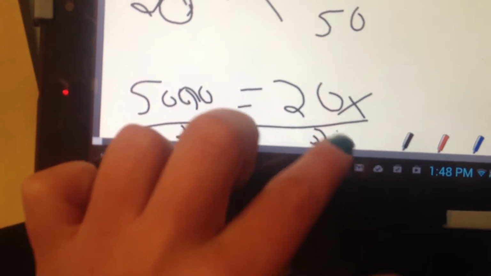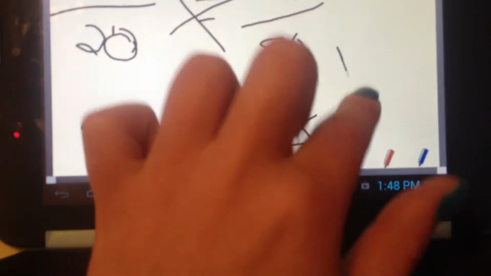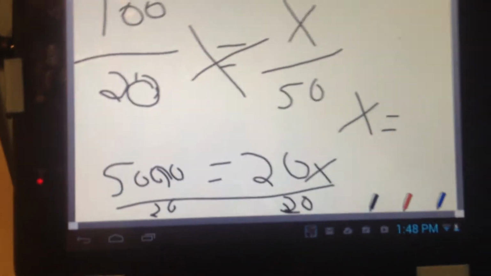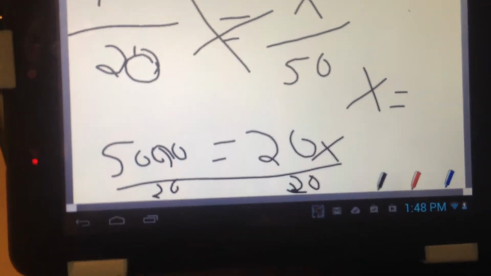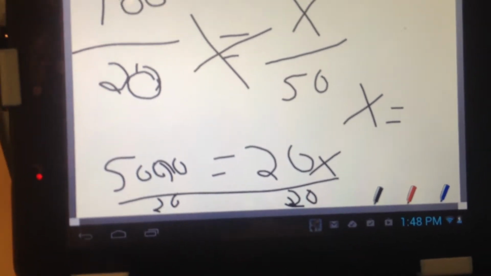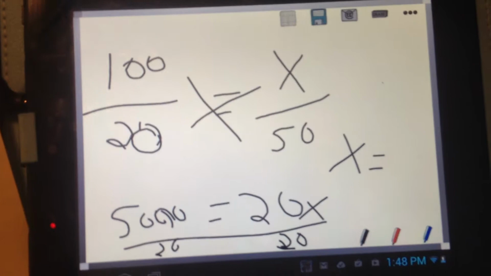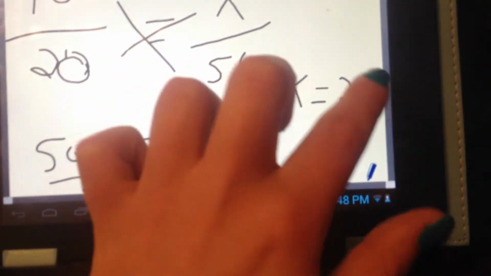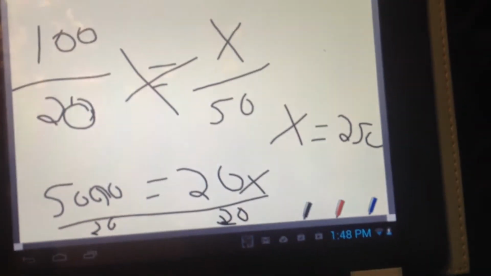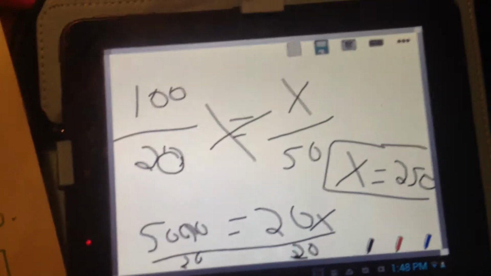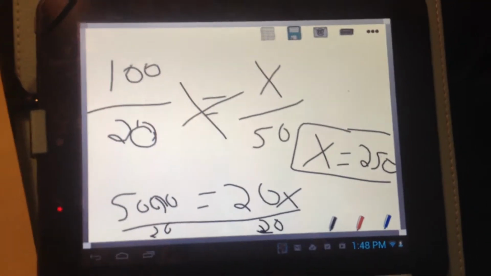And then x is going to equal 5,000 divided by 20, which is 250. That would be your second x value.